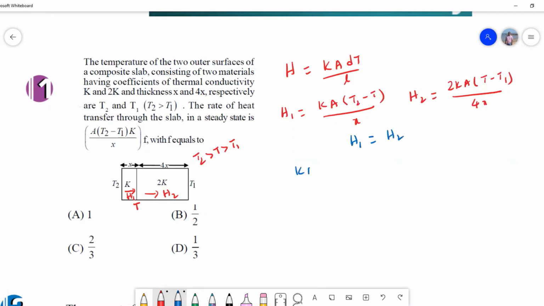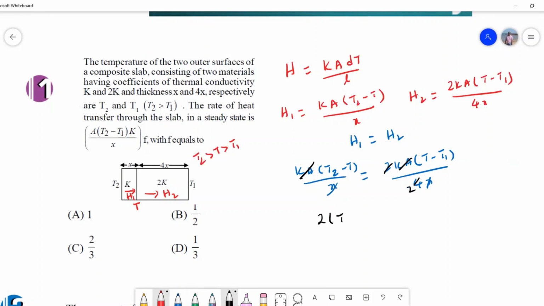When I equate this, KA into T2 minus T whole upon x is equal to 2KA into T minus T1 whole upon 4x. So this x will cancel, and this KA will cancel. This will go by 2 times.